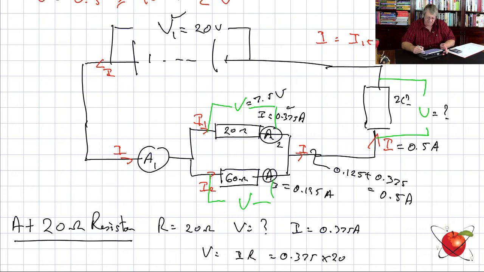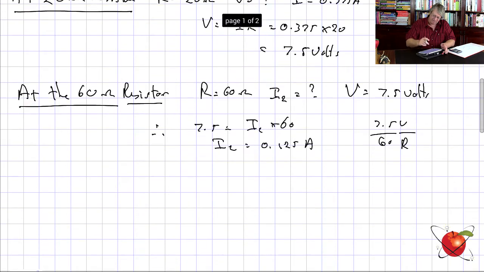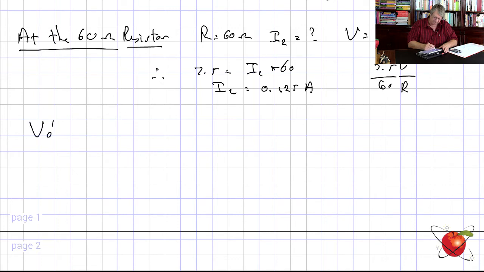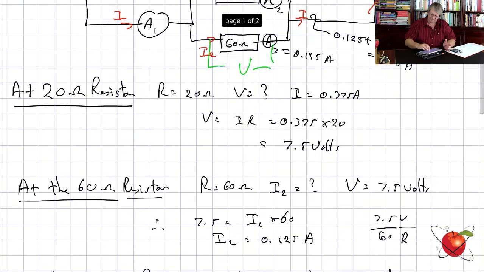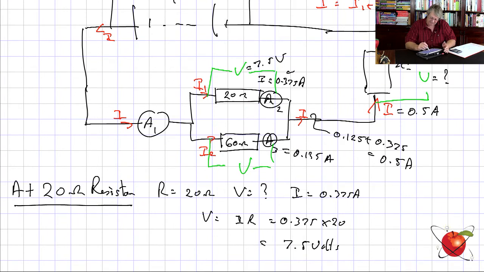Remember, the voltage across resistor X plus the voltage across the parallel pair must be equal to V source, because it's the same there and there, must be equal to 20.